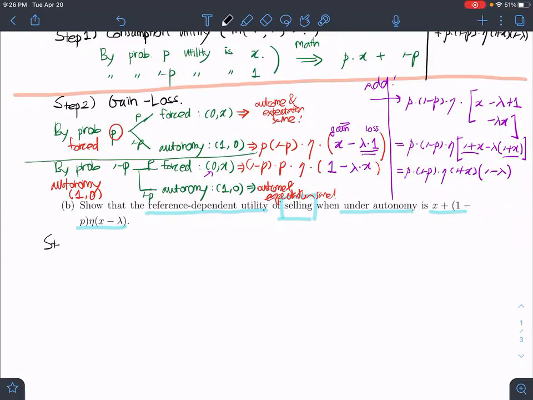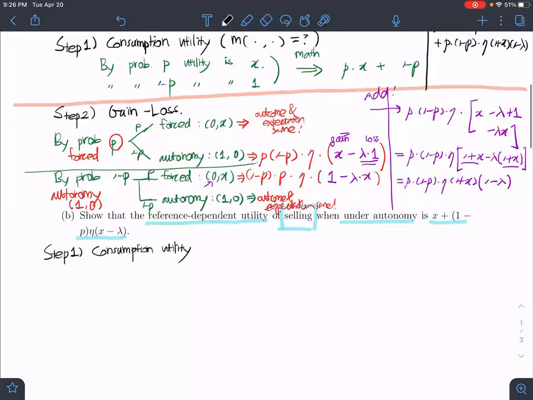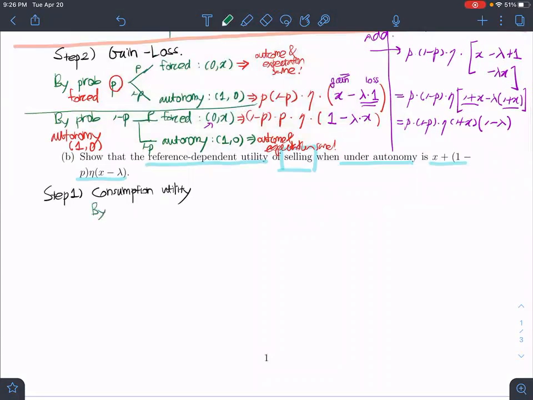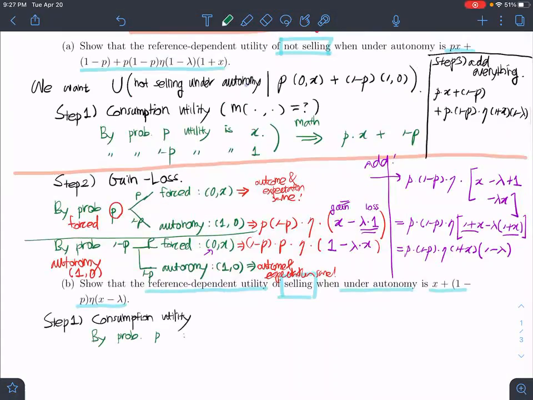Step 1. We want to compute consumption utility. So not the gain loss utility, just the value of this action itself. Let me approach it in a similar way. By probability P, what is the outcome? My outcome is 0 mark and X dollars, right?